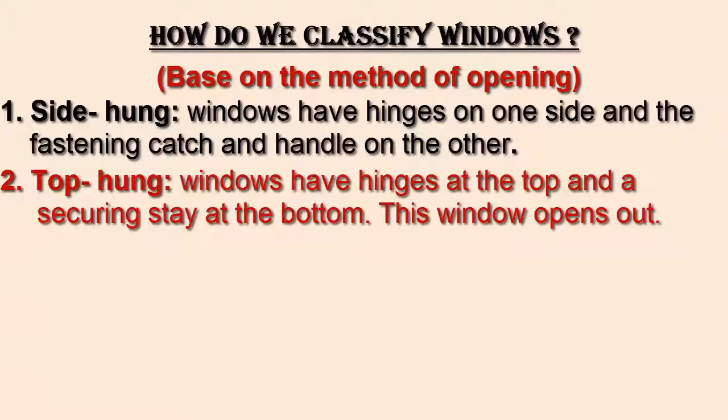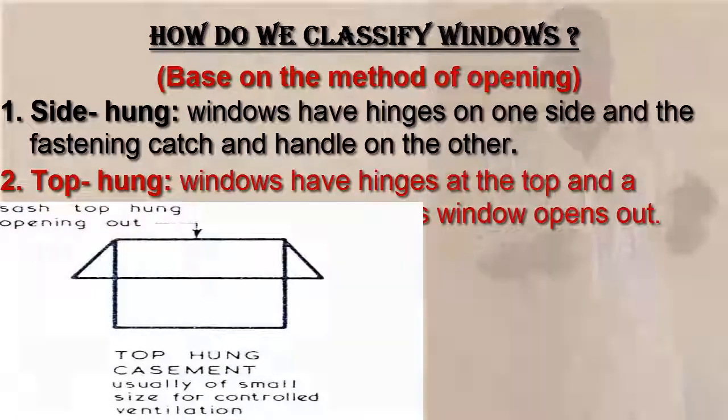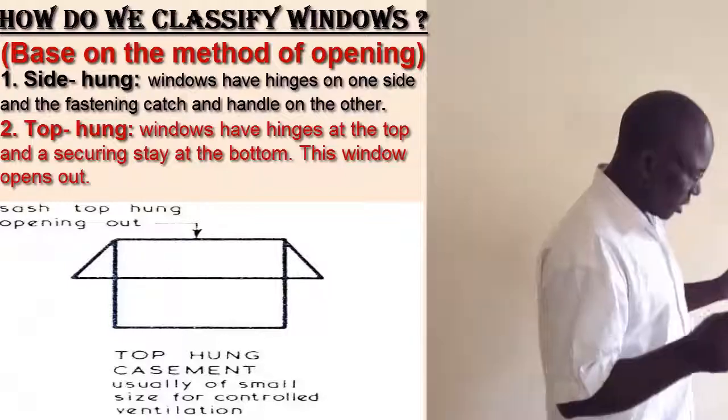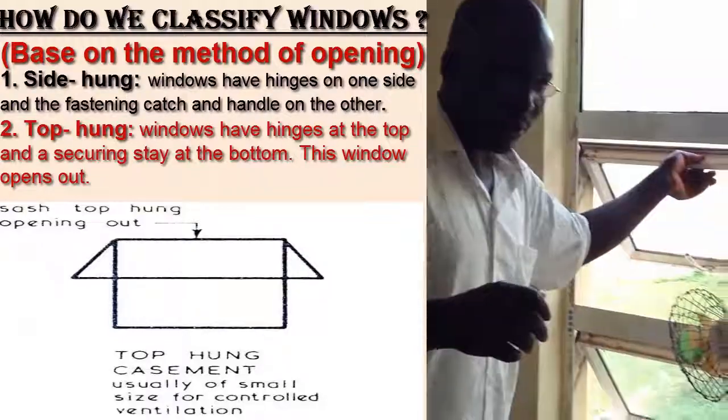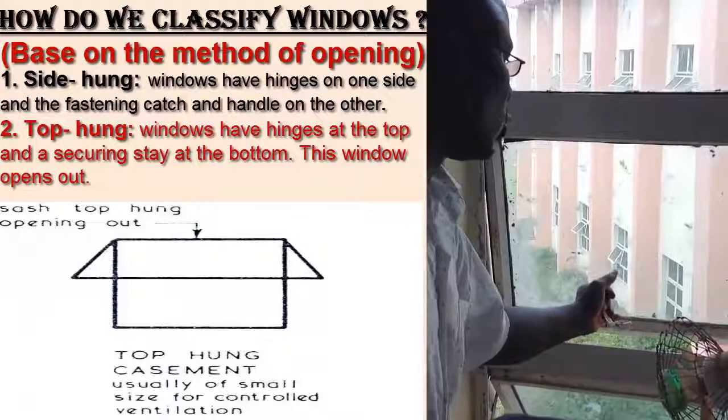There is the top hung. In the top hung, when you look at it, you find it is hinged at the top of the frame. A typical example of it is this. It is hinged here at the top, so that it can only close this way.